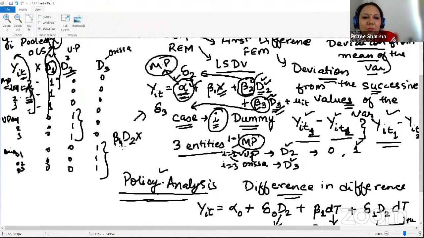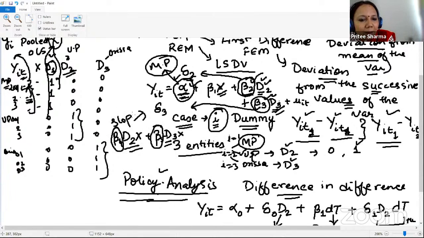For example, it will be beta 4 D2x. We can also have beta 5 D3x. So these are interaction terms. Now, what do these interaction terms show? These interaction terms are particularly important to see the impact on the slope, right?